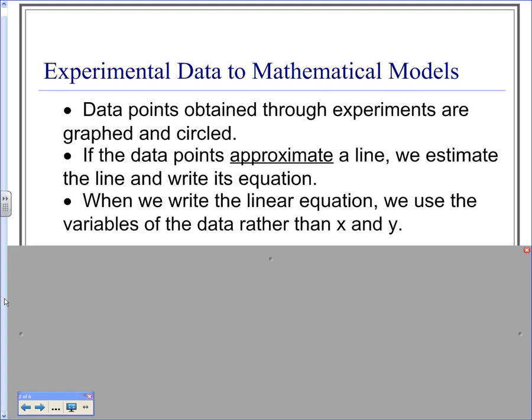Whenever you make your equation, do not use x and y. You're going to use whatever they give you. Usually they're going to be elements. So you're going to use the, what is the shorthand? Like nitrogen is N, carbon is C, oxygen is O. What are those called? Like symbols? The symbols, okay. You're going to use the symbols instead of the x and y. So you can write it in x and y, but your final answer shouldn't have x and y.